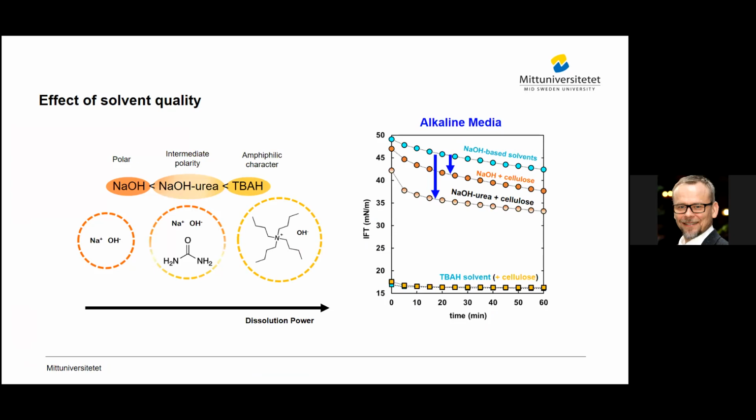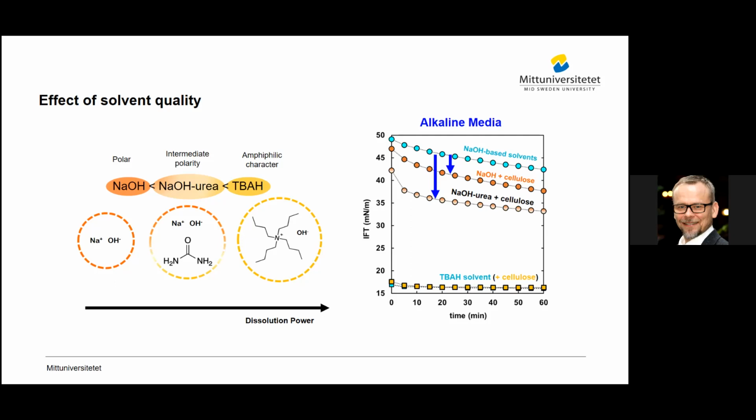If we look at the alkaline media, we can see that there is a very important thing with the solvent quality here. If we use 3 different solvents, for instance, sodium hydroxide, sodium hydroxide with urea, and TBAH, we will see different curves here when it comes to the interfacial tension.